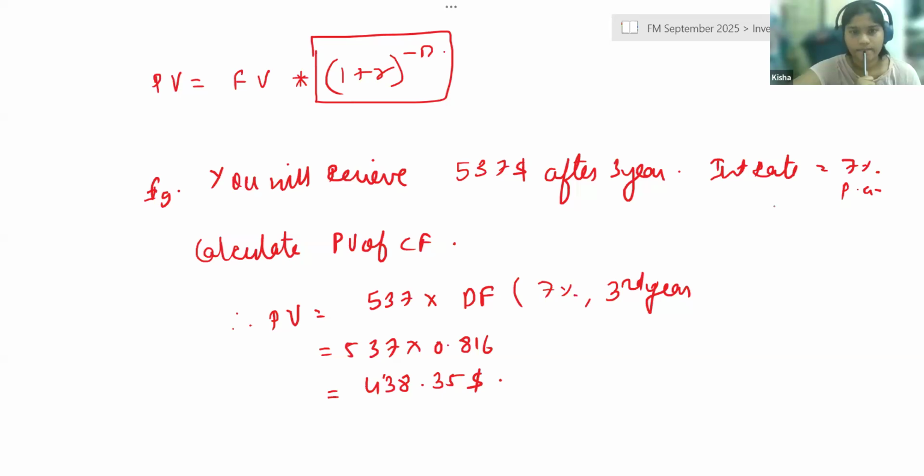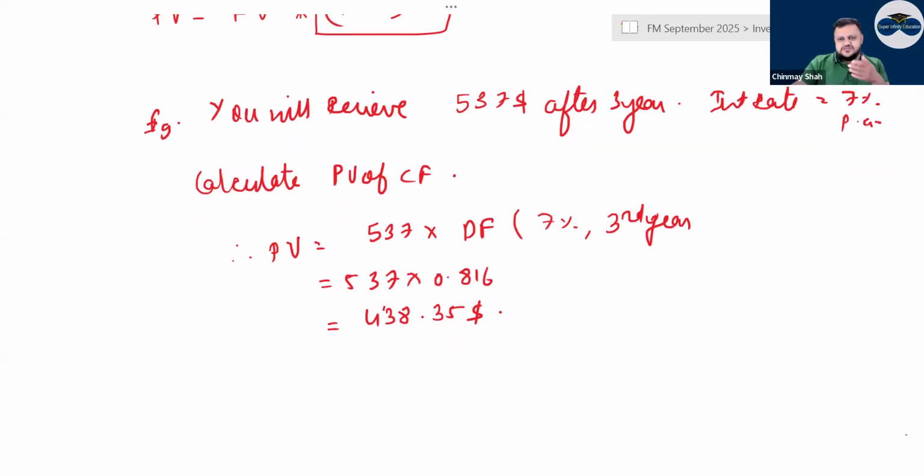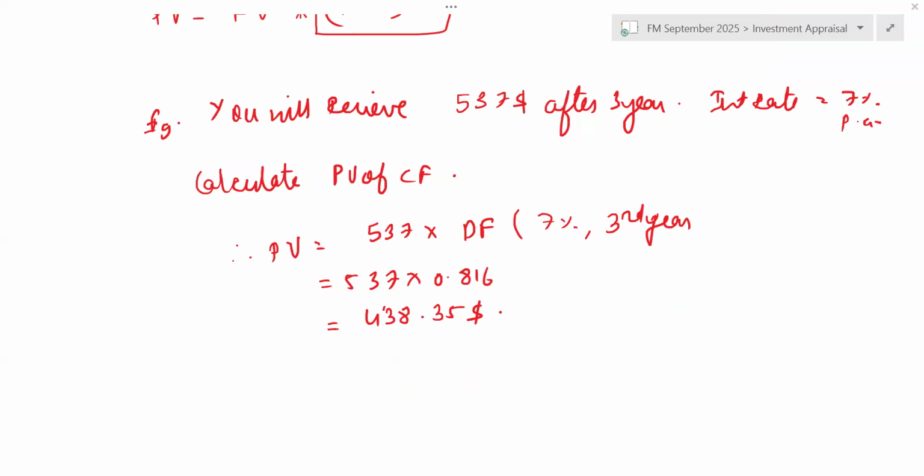So write down below this. Quickly copy it down. Sir, in a normal calculator I'm getting 438.192.